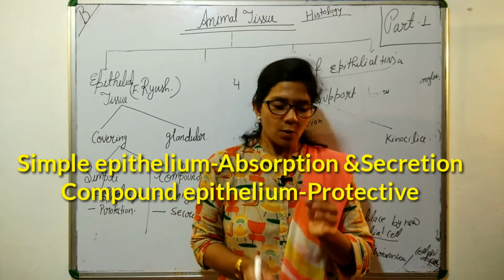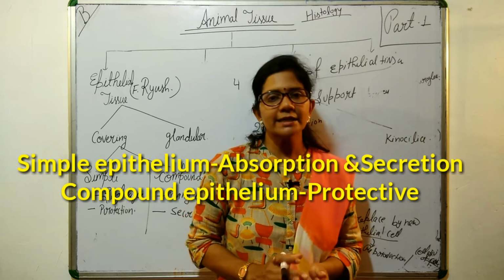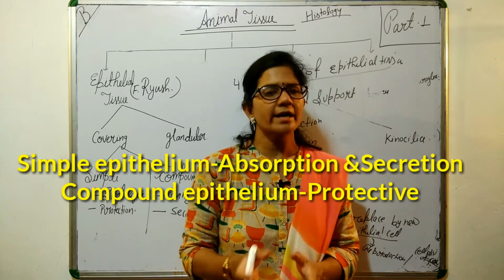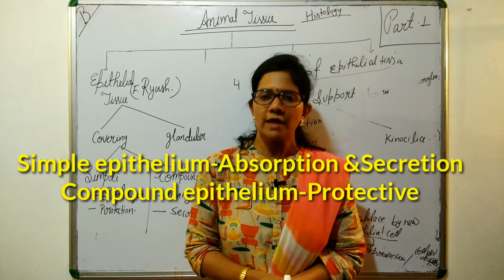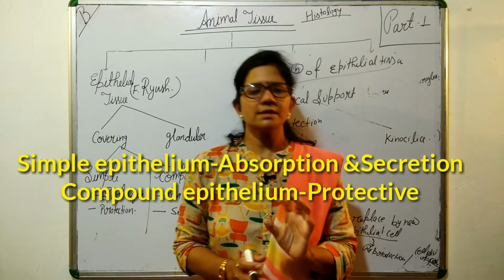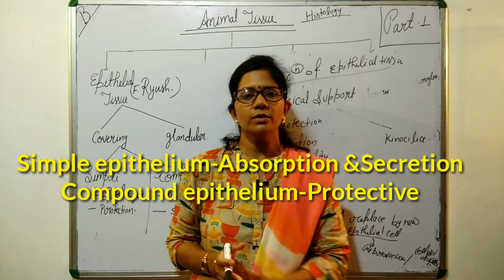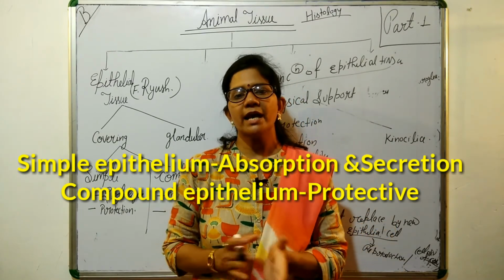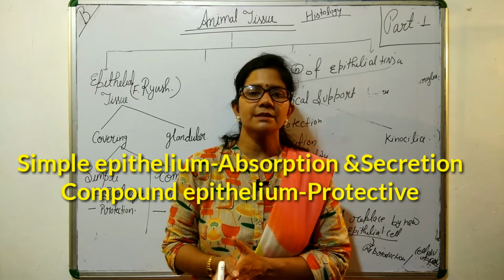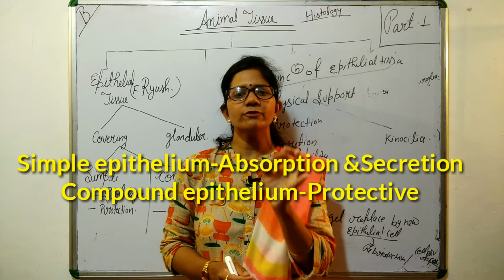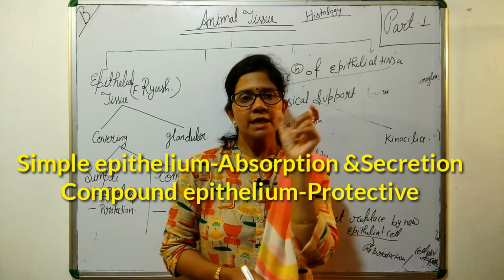Let's see this. One more thing: you will get different types and some additional points in this classification of epithelial tissue, because it varies from one book to another, but the main concept behind the classification of simple epithelial tissue is the same. So let's focus on that, and we should focus mainly on the types.